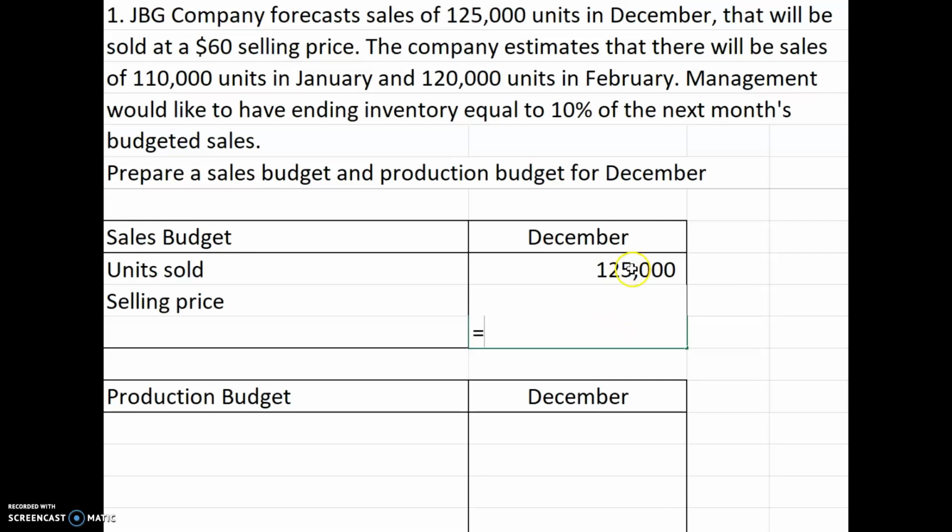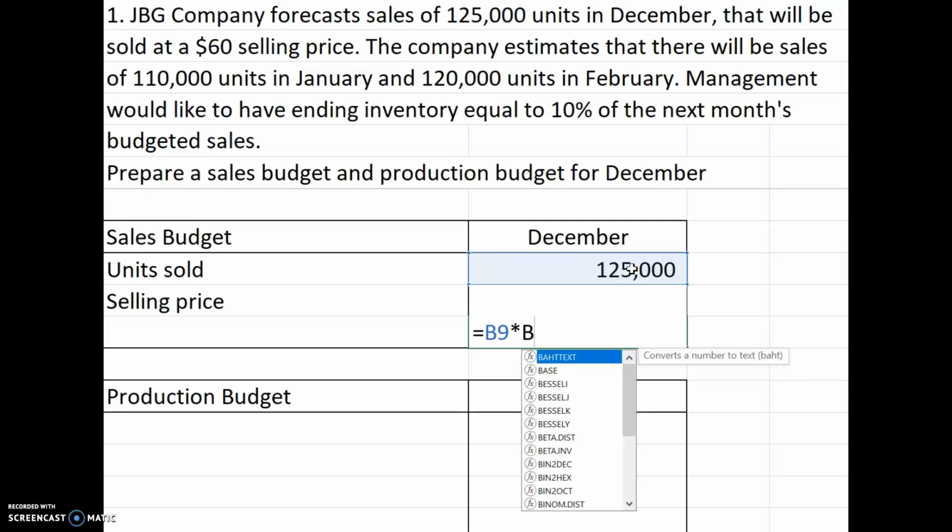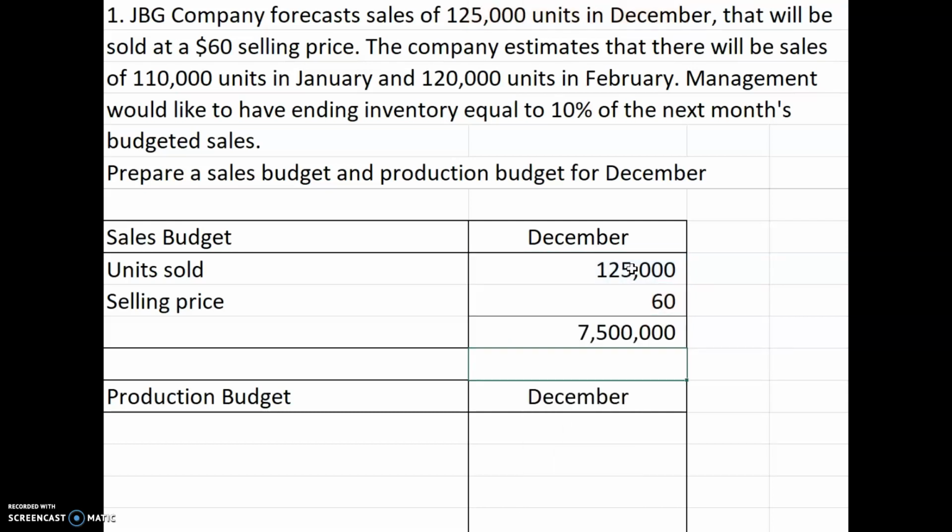So we will multiply the units sold times the selling price of 60, and that will give us our total sales revenue. So that's how simple it is to prepare the sales budget once you've done the hard work to determine the sales forecasts.